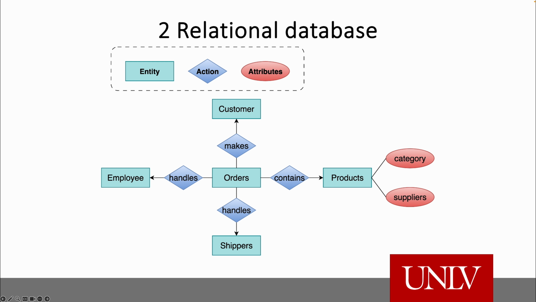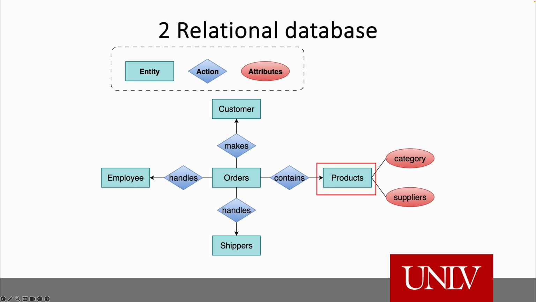Next, we have the order entity, which sits at the center of the ERD. Orders are connected to multiple other entities, like each order contains one or more products. This forms a many-to-many relationship because one order can include many products, and each product can appear in many orders. Each order is also handled by an employee, someone responsible for processing it. And each order is also shipped by a shipper, like a delivery company.